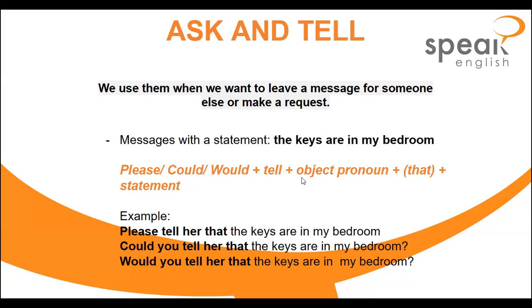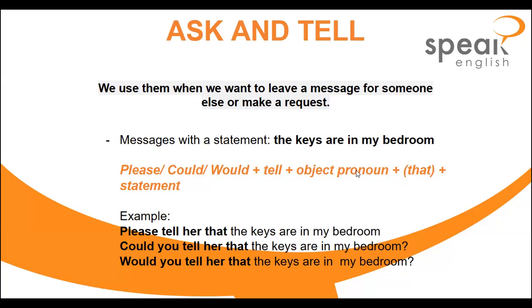So keep in mind that an object pronoun can be her, him, or you can also mention the name of the person. For example, I can say, please tell her that, but I can also say, please tell, I don't know, David, please tell Fatima that the keys are in my bedroom.